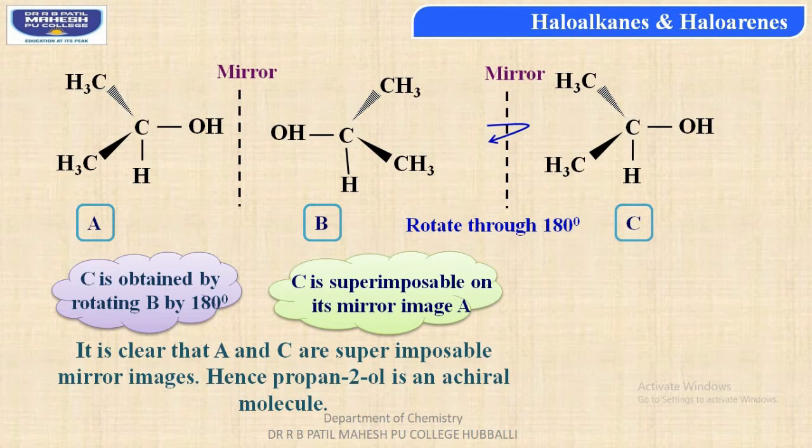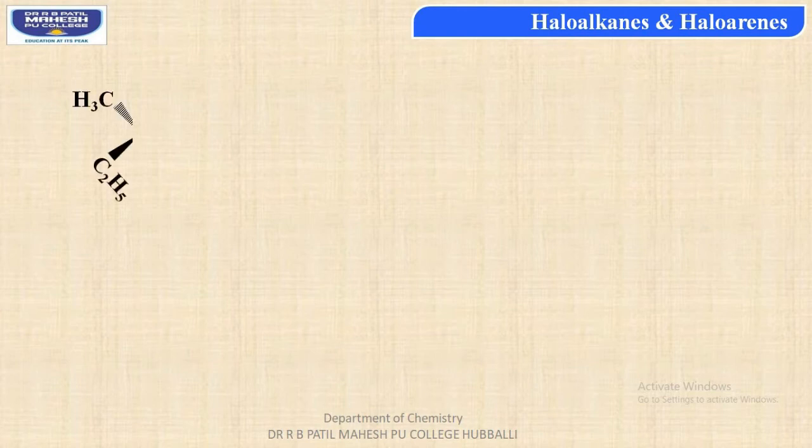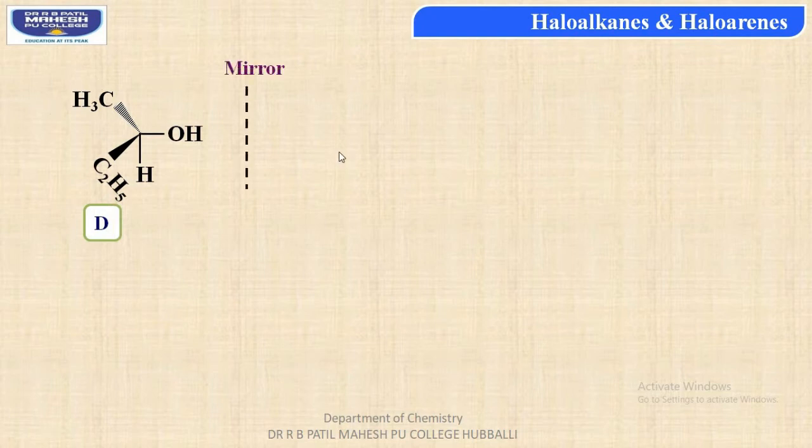Now students, let us consider one more example, butan-2-ol. Let us first consider structure D and the mirror image of structure D, students.